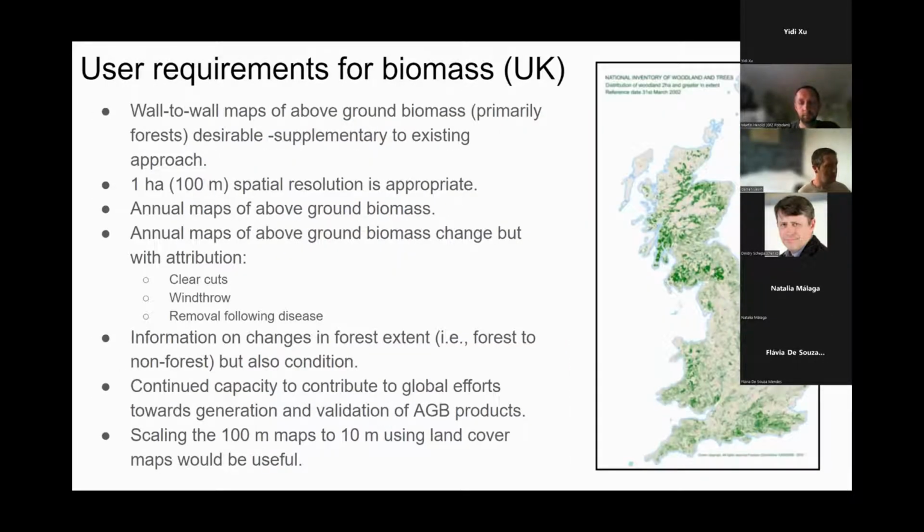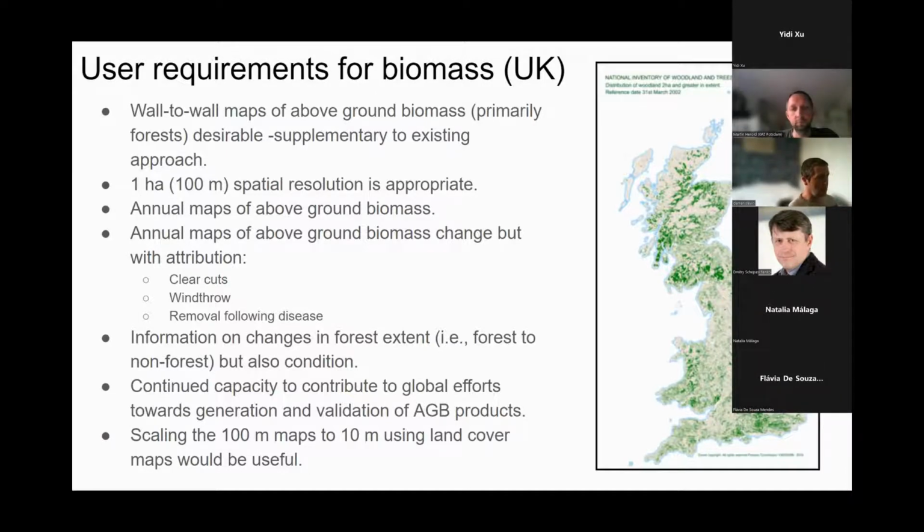And then the user requirements for biomass. Since the NFI doesn't produce spatial maps of biomass, and we scale from sample square up to regional and country level, wall-to-wall maps of above ground biomass would be desirable, potentially at 1 hectare or so spatial resolution.